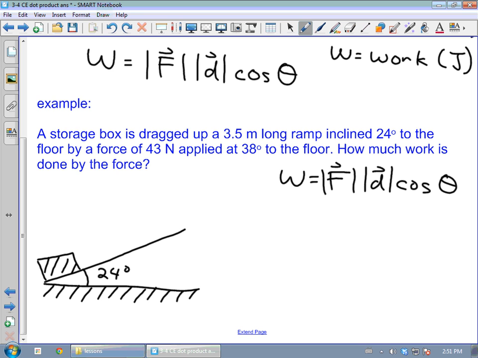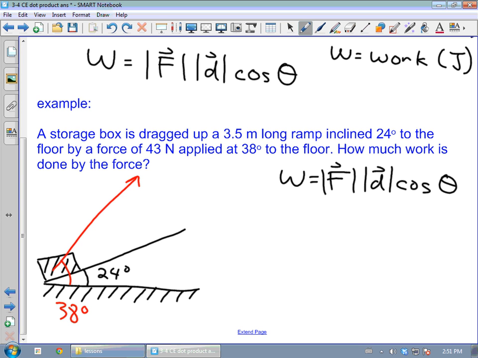And I've got a force. I'm going to do the force in another color. My force will be red here. So my force is being applied to my box at an angle of 38 degrees to the floor. So I'll just do that like that. So I can label that as 38 degrees.